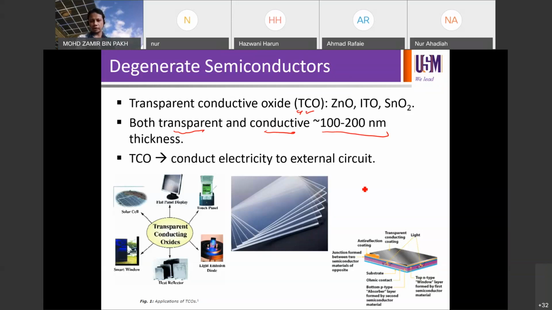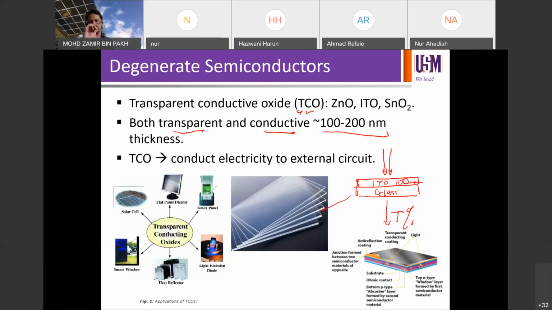For example, if you have ITO on glass, say this one is the glass substrate, just like what you see on the left, and you coat the top of the glass with ITO, for example 100 nanometer, you can go to the UV visible spectrophotometer in the lab to measure light transmission, the light that's going through the material.